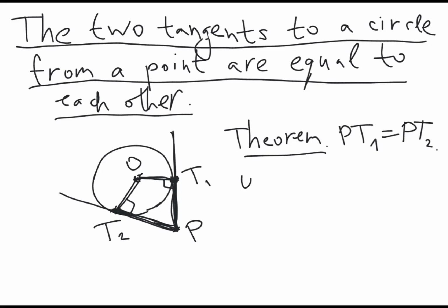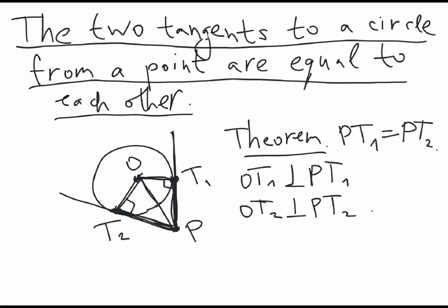So OT1 is perpendicular to PT1 and OT2 is perpendicular to PT2. So now we consider this triangle POT1. So it's a right triangle.